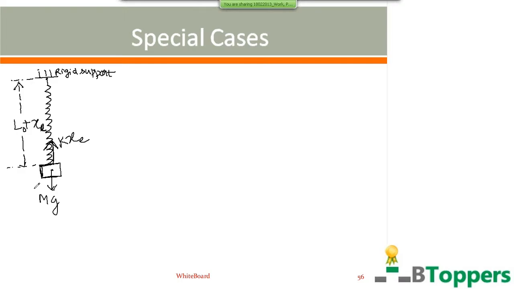So in the original equilibrium position, the first figure I've shown, the net force on the block, the resultant force on the block, is 0.